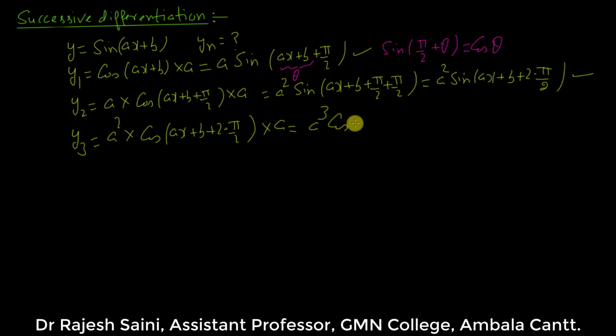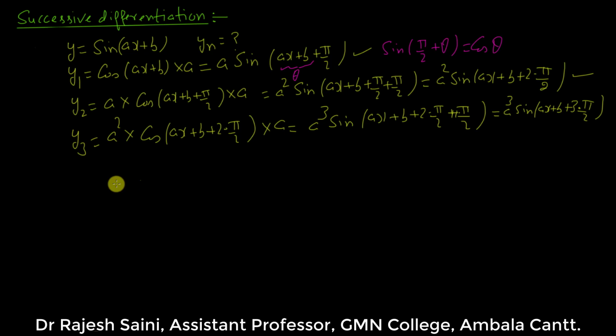This will be cos(ax plus b plus 2 pi by 2), and now convert this cos into sine, writing it as sine(ax plus b plus 2 pi by 2 plus pi by 2). Now this is 2 pi by 2, this is 1 pi by 2, so 2 plus 1 is 3. So this can be written as a cube sine(ax plus b plus 3 pi by 2).